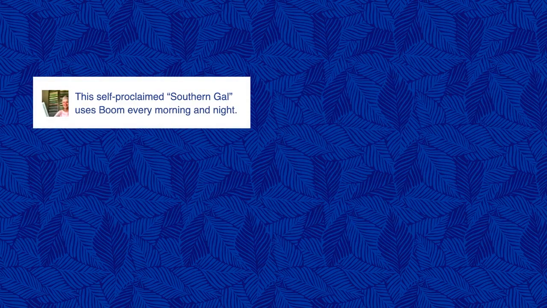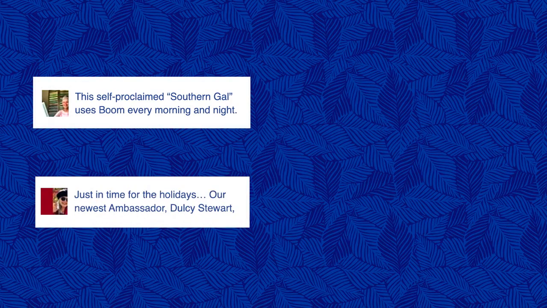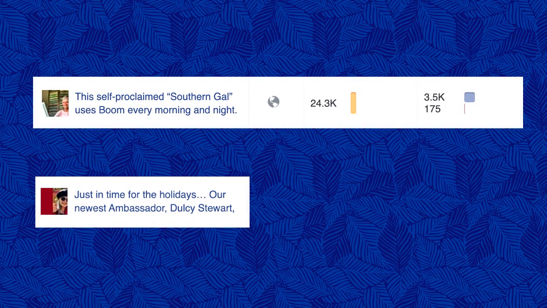So I'm going to compare 2 posts with you, one that we amplified, one we did not. Both of them are ambassadors. We have Beth up at the top here. This self-proclaimed Southern gal uses Boom every morning and night. And down here at the bottom, which is Dulcie, our Boom ambassador, just in time for the holidays, our newest ambassador, Dulcie Stewart. Now, Beth got 24,000 in organic reach, which is actually really, really good for organic reach.